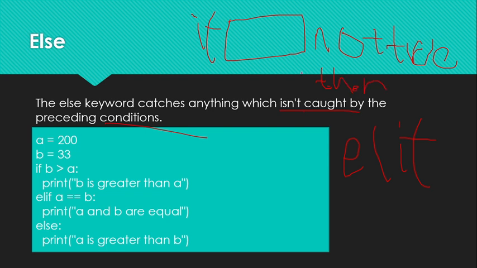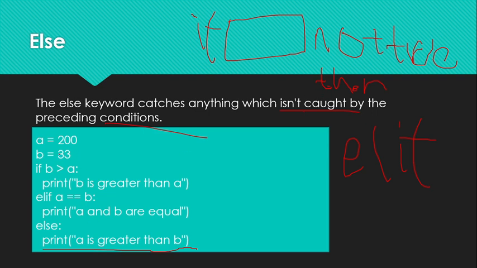Else means if these both things are not true. Else means if it is not true, then. If all of them are not true, including the elif, that is that. Which isn't caught by the preceding conditions means that.